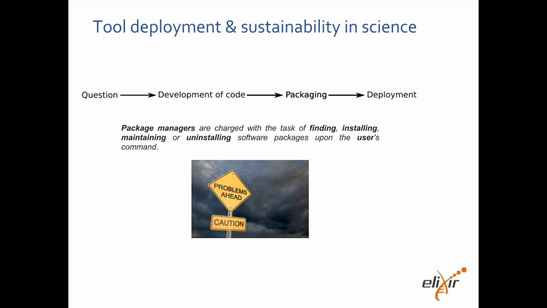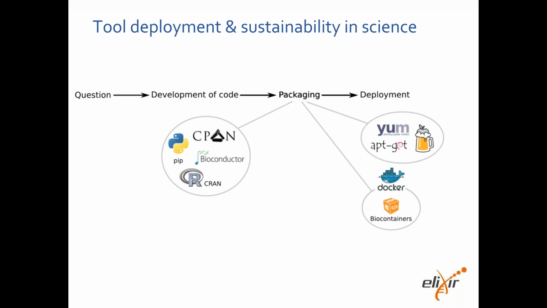For decades, people have developed package managers, which by definition are charged with the task of finding, installing, maintaining, and uninstalling software packages upon a user's request or command. And this is what I would like to discuss a little bit at the beginning.